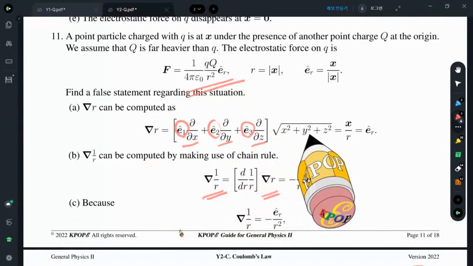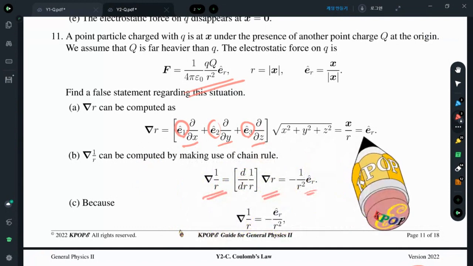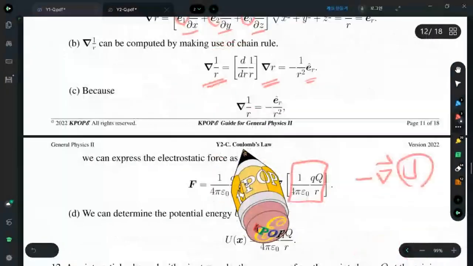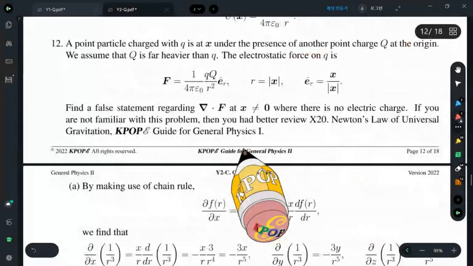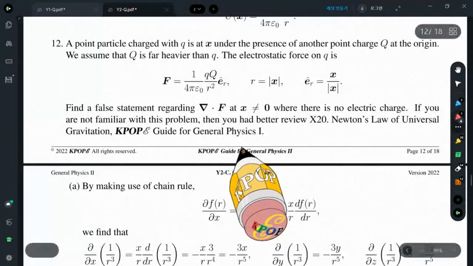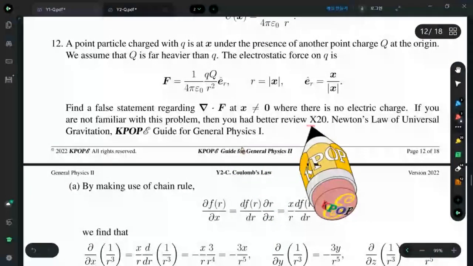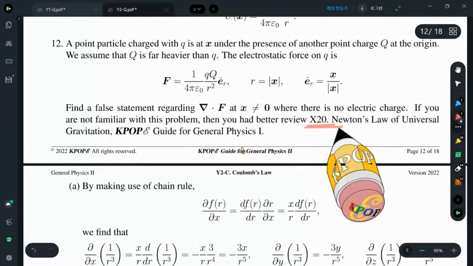And we can make use of the chain rule to find this. You will find the detailed calculation in X20.